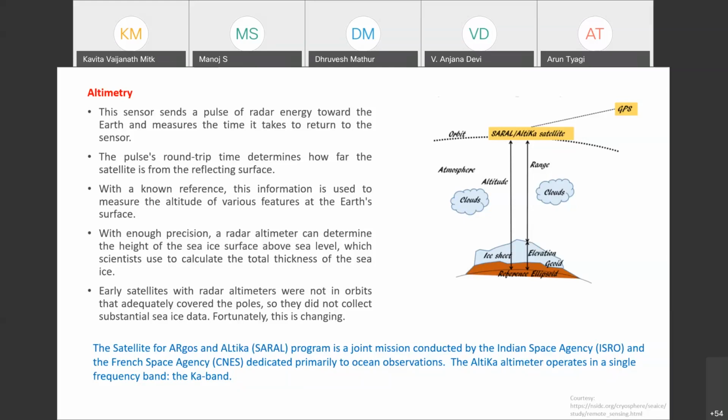It is the satellite for ARGOS and AltiKa, and it operates in a single frequency band, the Ka band. It was launched dedicatedly for ocean observations.